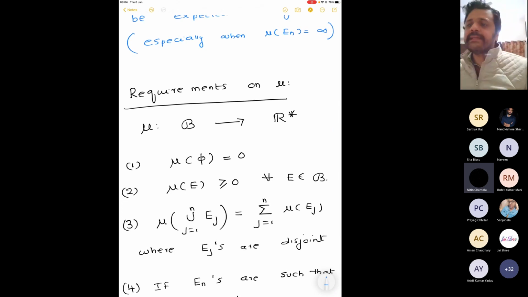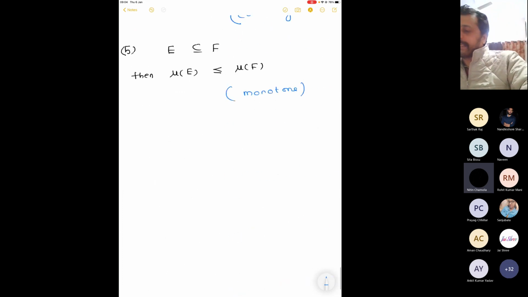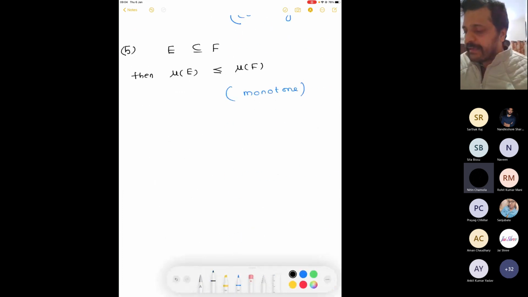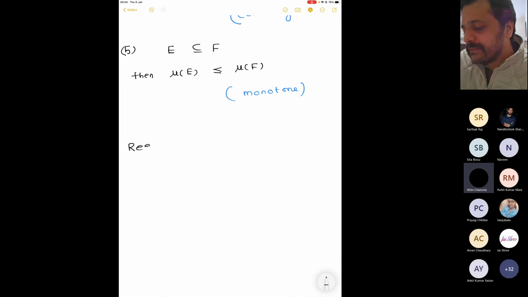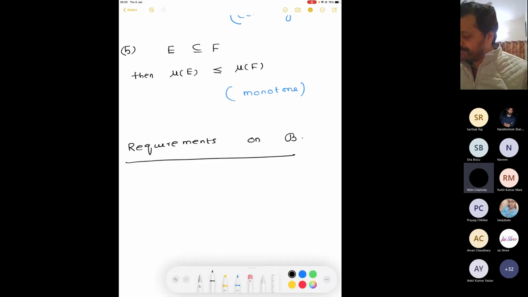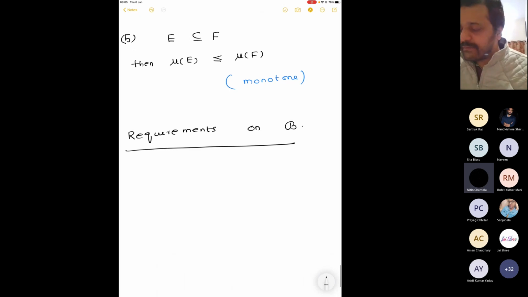And this automatically gave some requirement or richness on B. Requirements on B. Can you tell one by one? One. What is B?